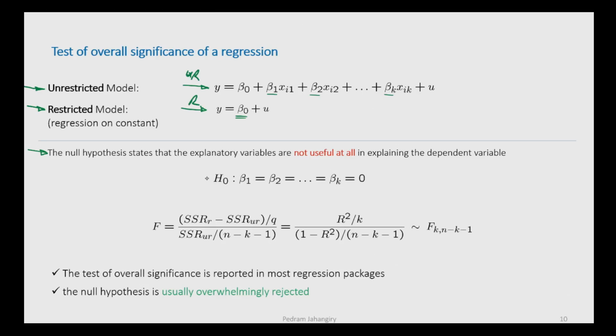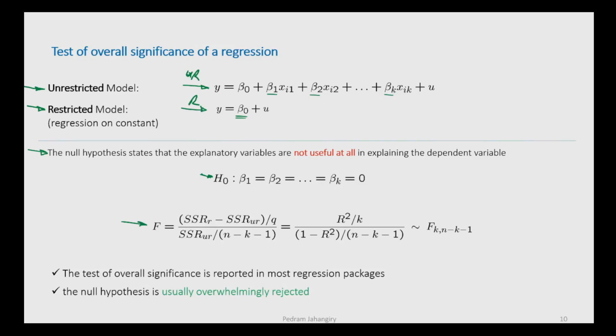So if you fail to reject this null, then you really don't know what you're doing in this regression, right? Because everything that you put in the model, collectively, is not significant. And again, 99.999% of the time, we can reject this null very easily.